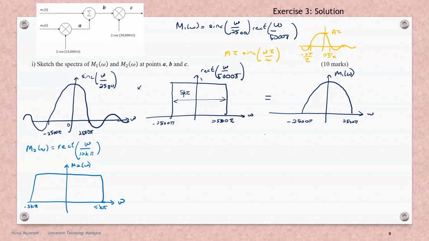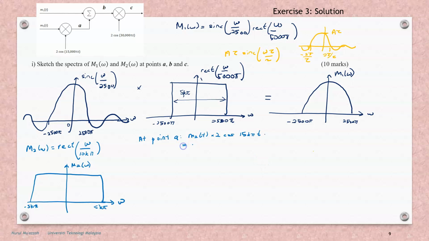M2 omega is being modulated with 2 cosine 15,000 pi t. So we put here at point A, M2(t) multiplied by 2 cosine 15k pi t, which is 15,000.